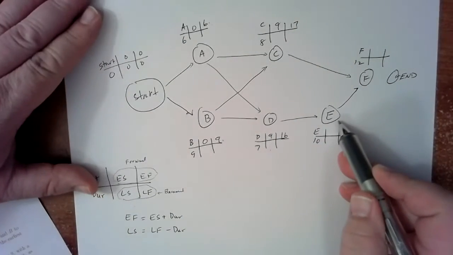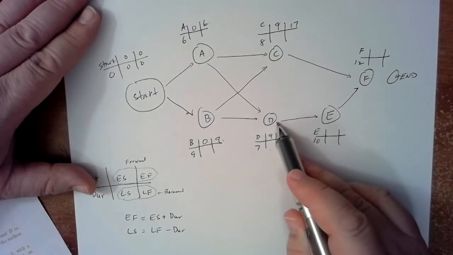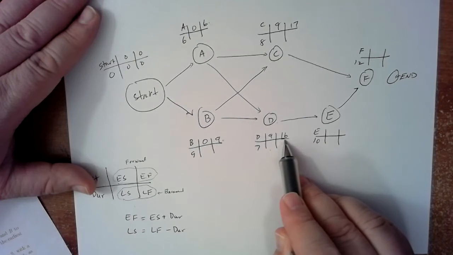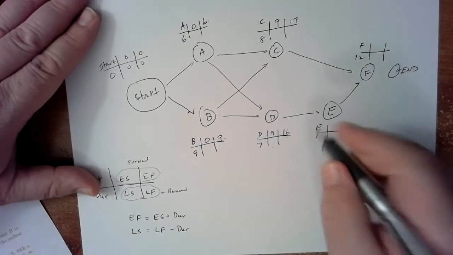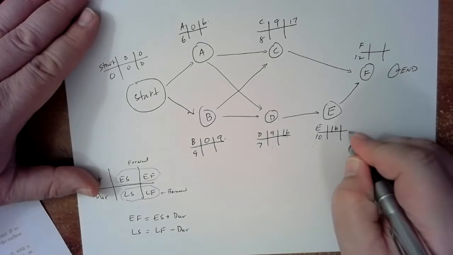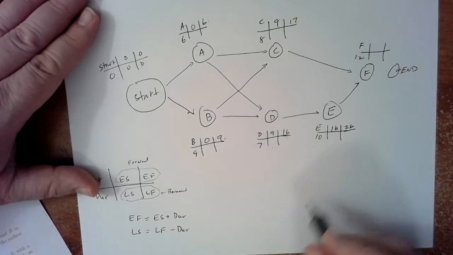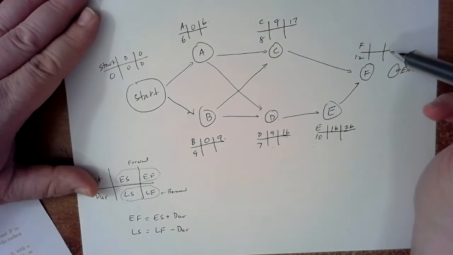Very good. How about activity E? E just was waiting for D. D can finish at 16, therefore E can start at 16. And then because we have a 10 duration, the earliest time E can finish would be 26. Good. And then we have F now.